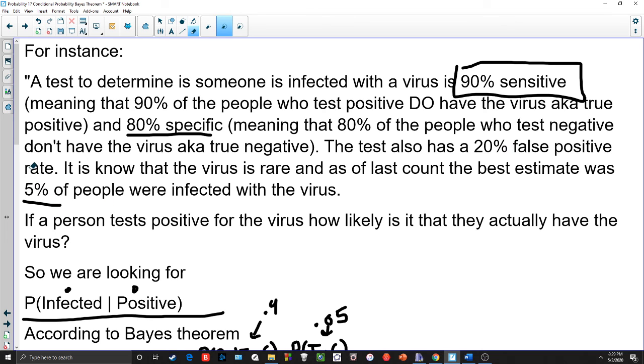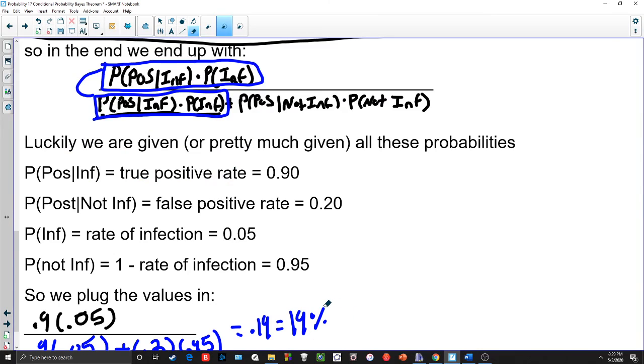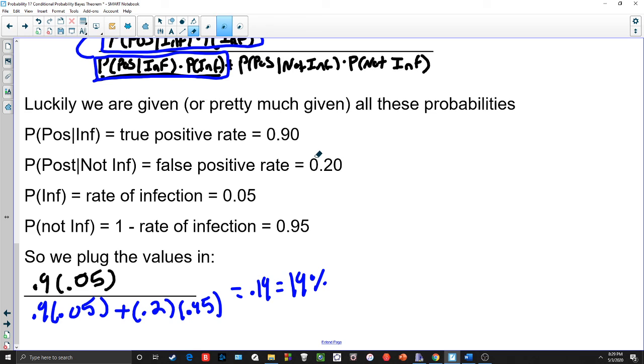So given that your probability of being infected in general is very, very low, and the chance that you have a false positive test is pretty darn high compared to the rarity of the infection, or put another way, the chance that you get a false positive is in a sense higher than the chance that you actually get infected, that's going to heavily skew the results of the test, which is why this is such a low rate compared to the sensitivity of the test. The test is 90% sensitive, yes, but given that the false positive rate is so far ahead of the general rate of infection, that's going to throw off your accuracy for your test essentially.